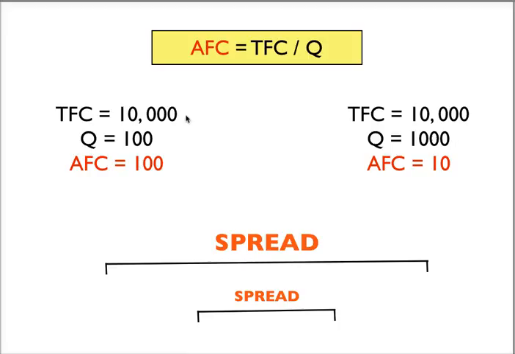Whereas in this case, the same total fixed cost is being divided by a smaller number, hence it has a higher average fixed cost of $100. And this can be shown here at this situation. It's described by this because the total fixed cost is being spread over a larger amount of output, whereas this is represented by this because it's being spread over a smaller amount of output.